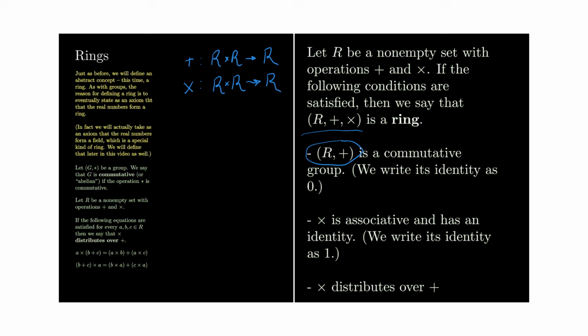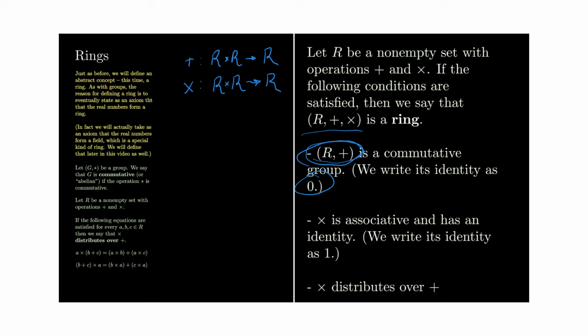That must form a commutative group, right? So we now know what a commutative group is, and this is a condition for being a ring: if you just consider the set with only the plus operation, that forms a commutative group. We will now traditionally write the identity element, even in the abstract case, with the symbol 0, evocative of the number 0.